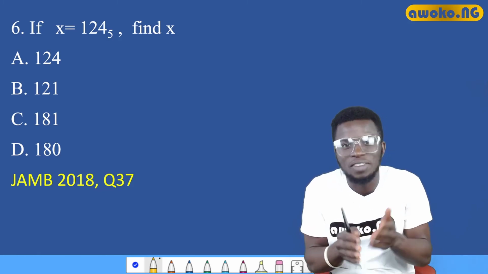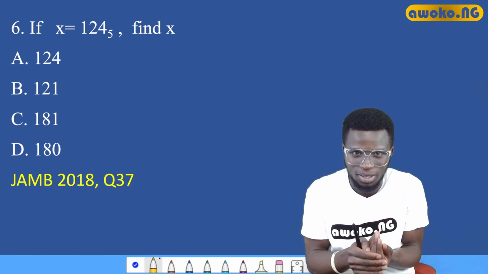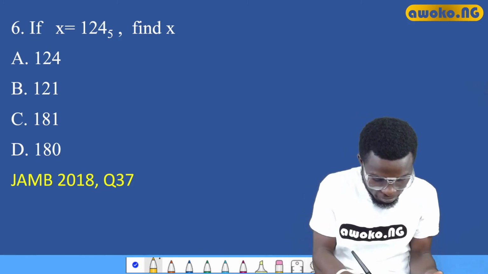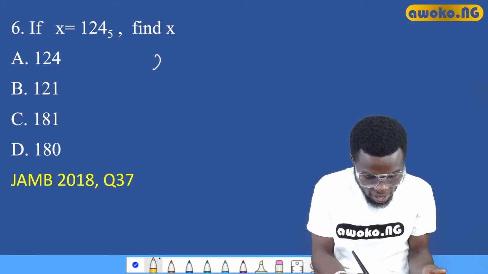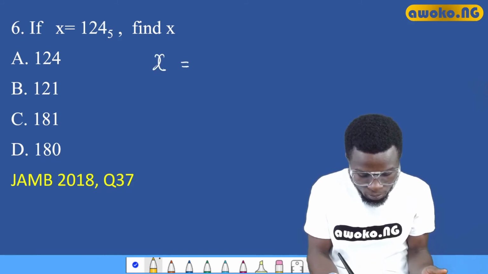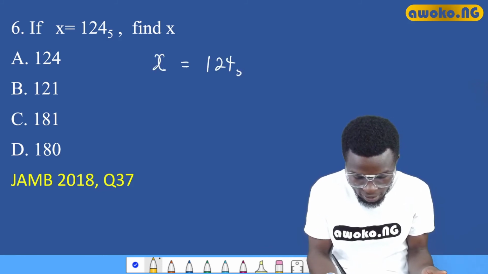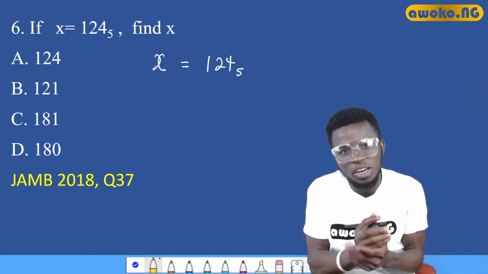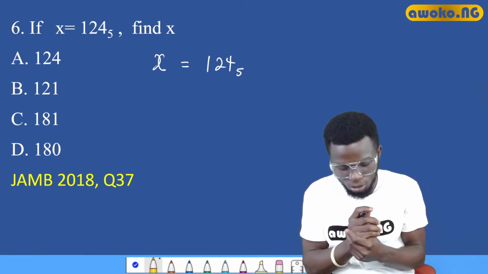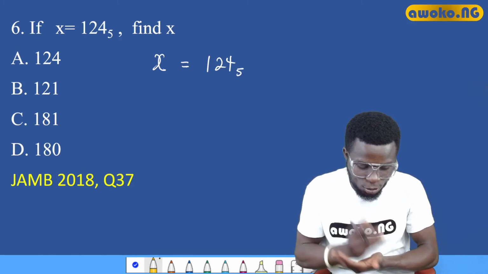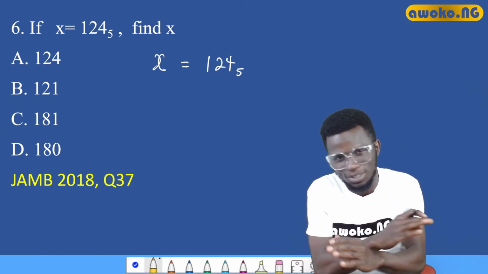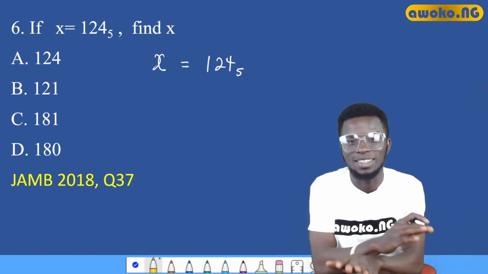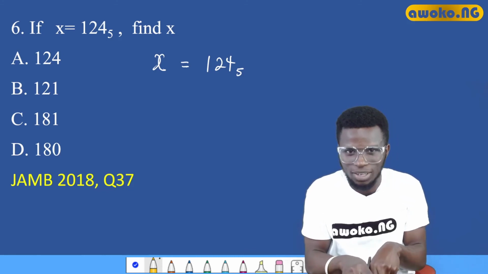Because x does not have any number attached to it. Is that okay? So to solve this, we say x is equal to 124 base 5. Invariably, they're just asking you to convert 124 base 5 to a number in base 10. That's just the implication of what this is trying to tell us.